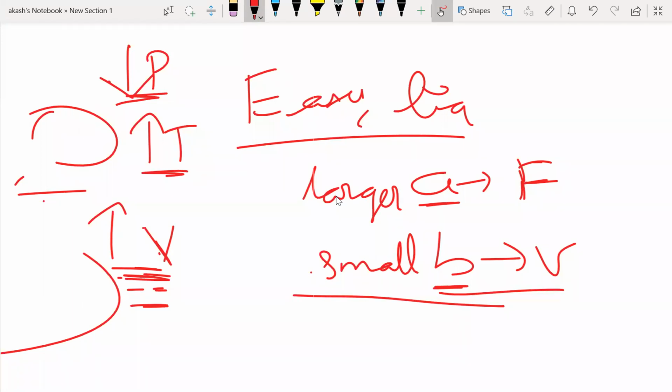Okay, and I just have to give you the formulas for TC, PC, and VC. Once again, I don't remember these formulas as such.